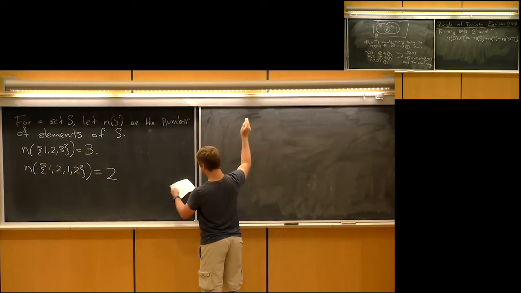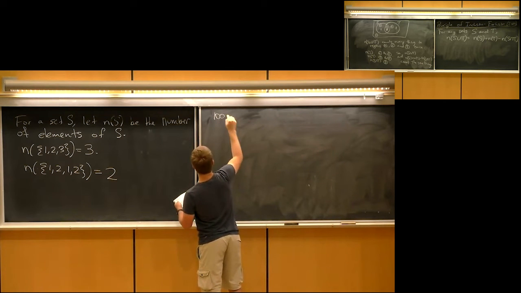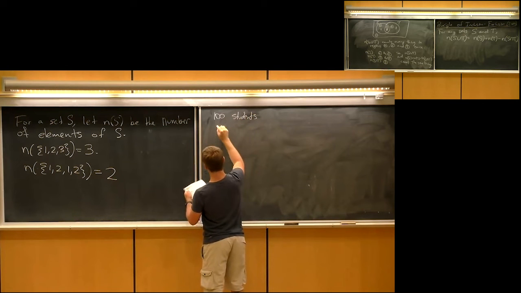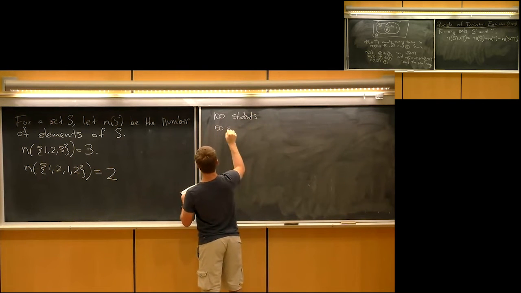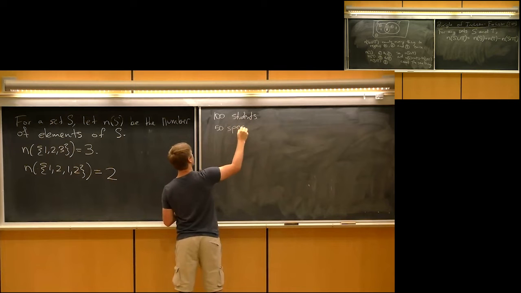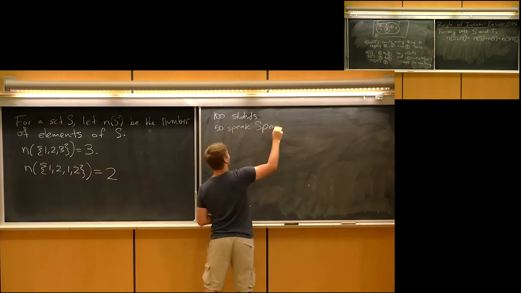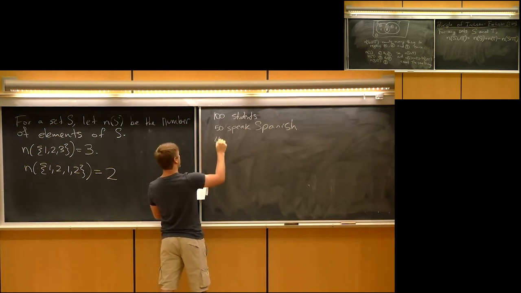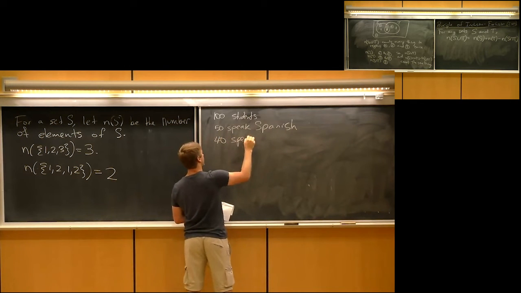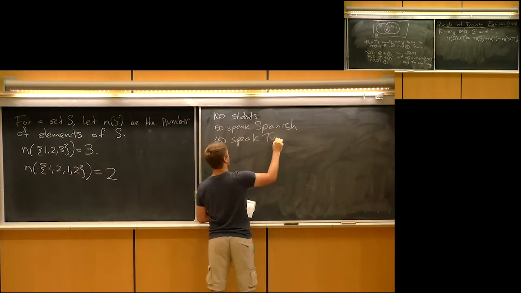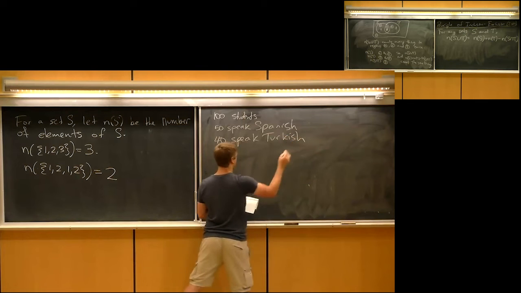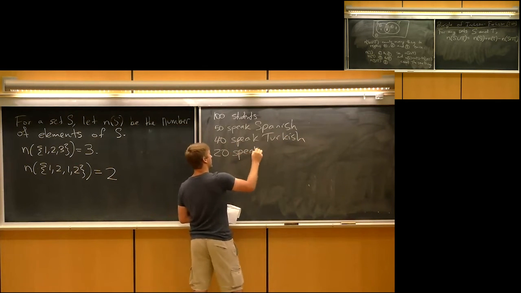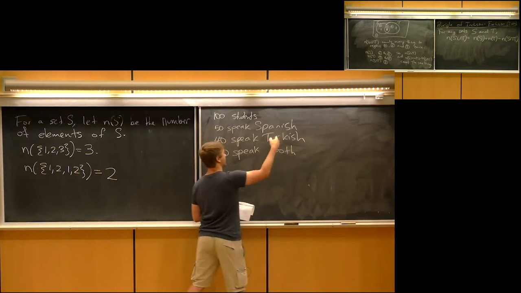So let's say you have 100 students, 50 speak Spanish, 40 speak Turkish, 20 speak both, like both Spanish and Turkish.